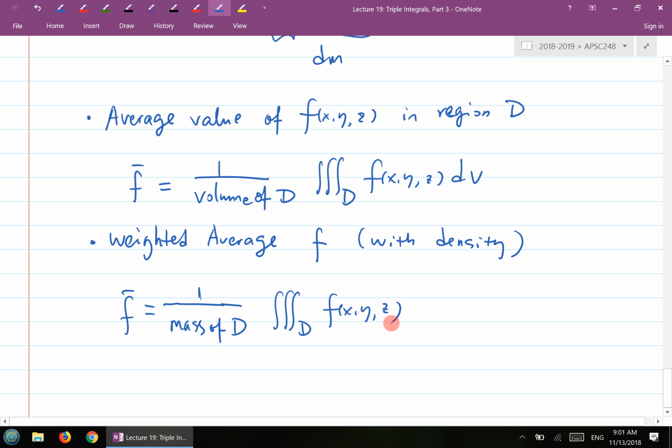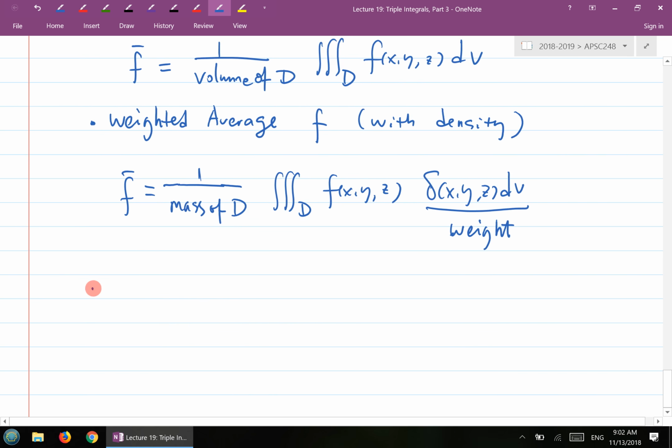This is the weighted average of function f, weighted by the density function. So basically this portion here is the weight. If you compare your notes with the double integral, the difference is that here it's a triple integral, and here it's the mass of D instead of the mass of the small plate R.